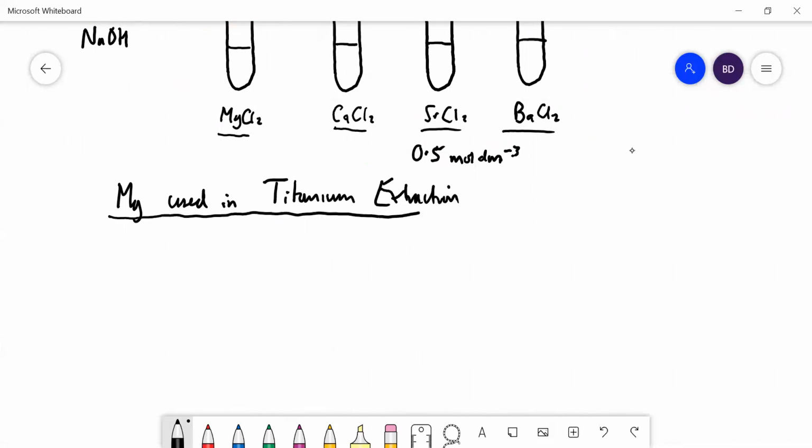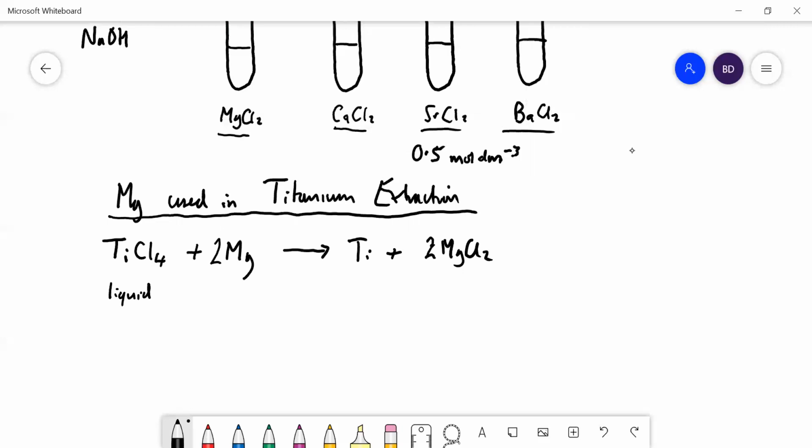Titanium is quite a hard metal to extract, and you end up making titanium chloride, TiCl4, which is actually a liquid. It's a covalent molecule, not ionic. You add magnesium to that, and you get a displacement reaction, because magnesium is pretty reactive, and you get titanium metal and magnesium chloride. One line in the specification says you need to know that.